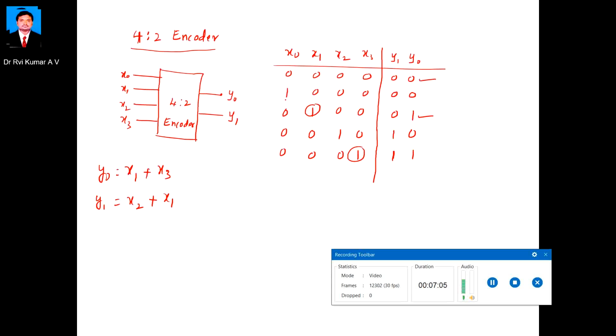If you give x0 as 1, you also get 0. How do you differentiate these two inputs? This is one basic problem. Let me give x1 equal to x2 equal to 1. What are you getting now? 1 1.